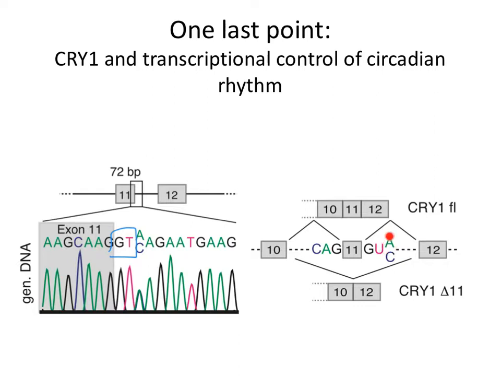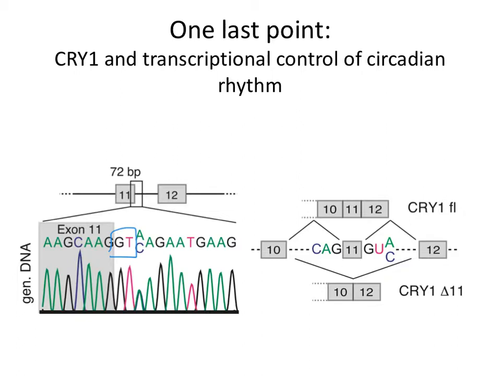One nucleotide change, but it affects splicing of this gene, and then you start being a night owl instead of a morning person. One nucleotide change, alternative splicing, and a change in behavior.